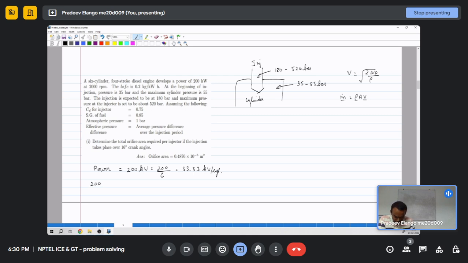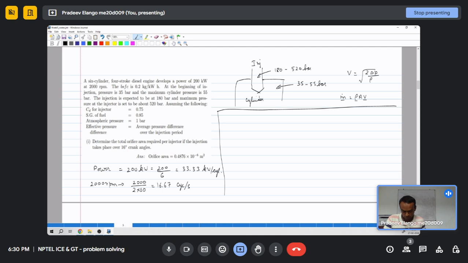With 2000 rpm, to calculate the cycles per second, we know it is 2000 by 2 into 60. So this will be cycles per second. 16.67, right? Yeah, 16.67 cycles per second.